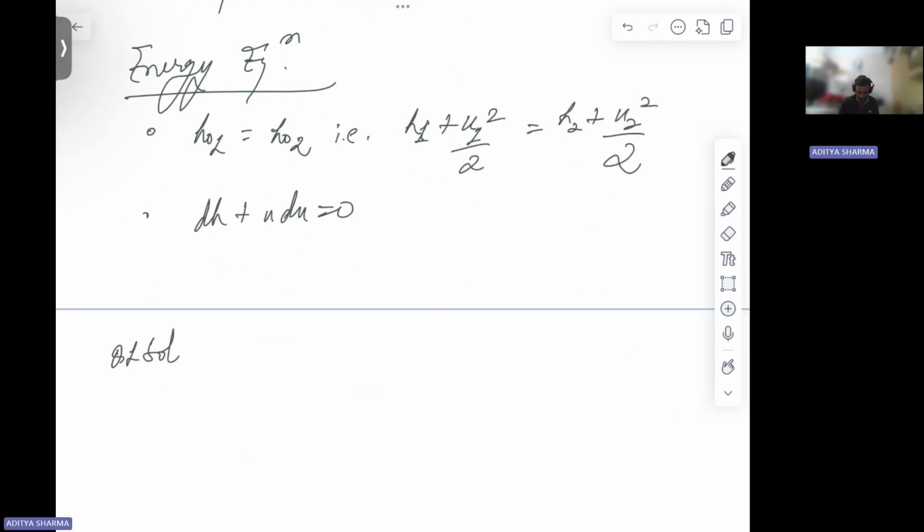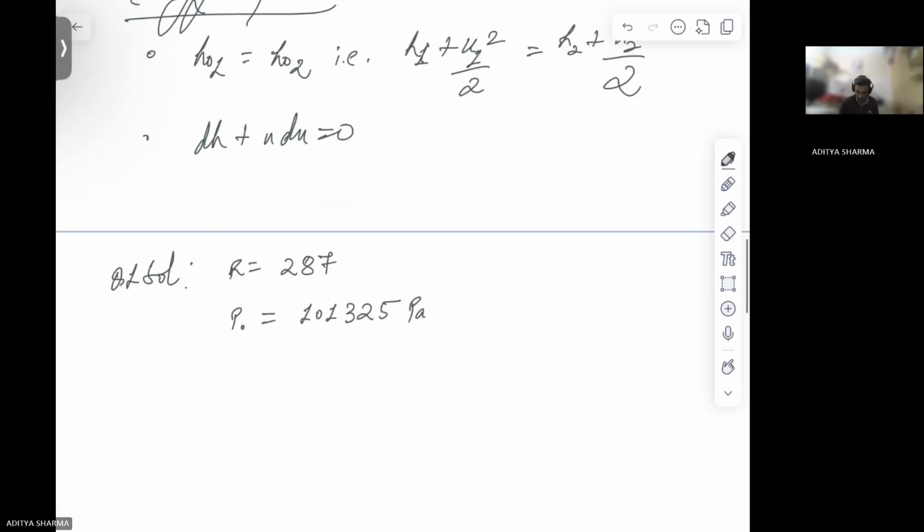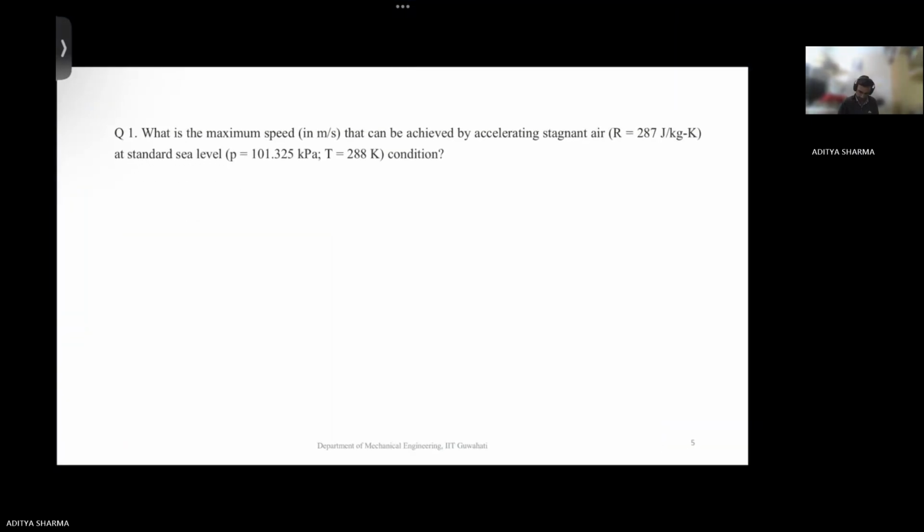So question one solution. R is given as 287 in SI units. P naught is given as this, and T naught is given as 288 Kelvin.